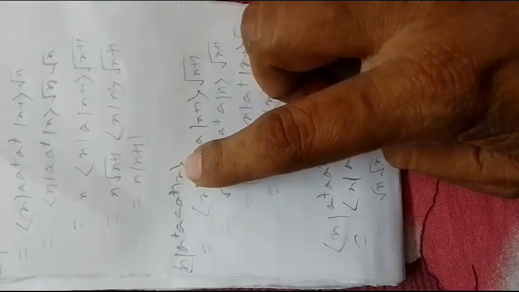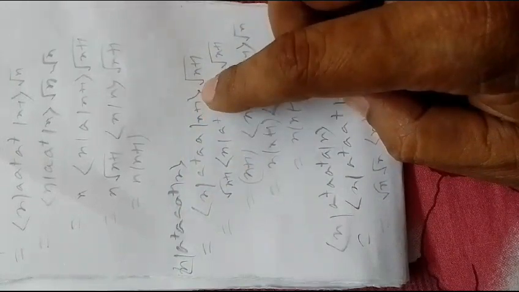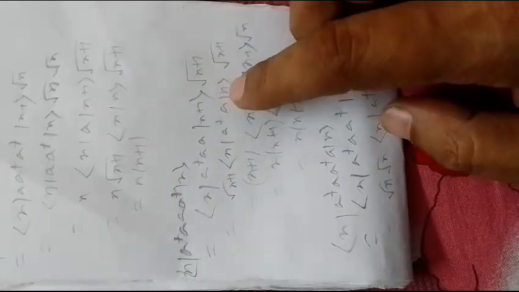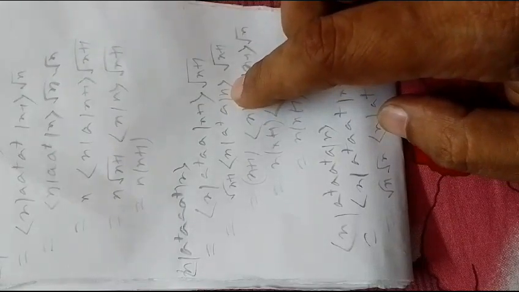The logic is the same. A dagger applied to n gives root over n plus 1 and ket n plus 1. The a operator working on n gives root n, and the value of n becomes n minus 1 as a is the lowering operator. It lowers the state n to n minus 1.